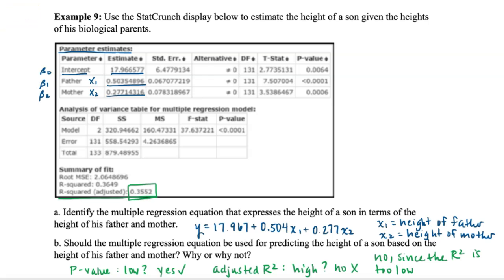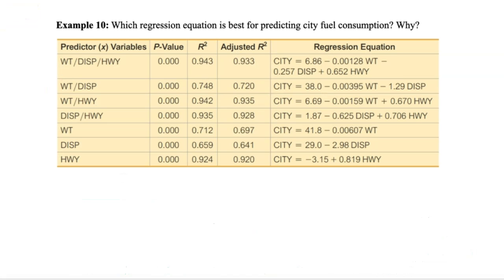So we just got one more example. Example 10, we want to find which of these regression equations are the best for predicting city fuel consumption. Why? And so we're looking at a few things. We're looking for a low p-value. And all of these p-values are low.